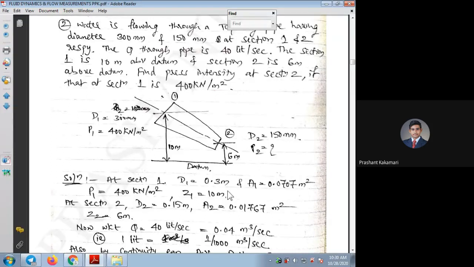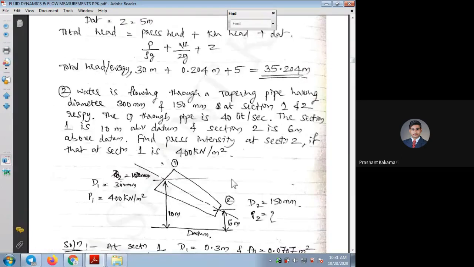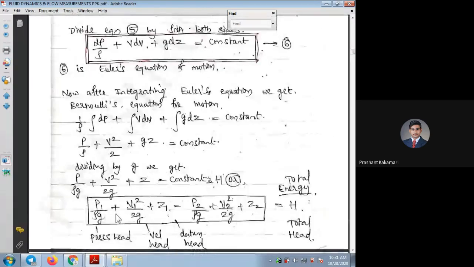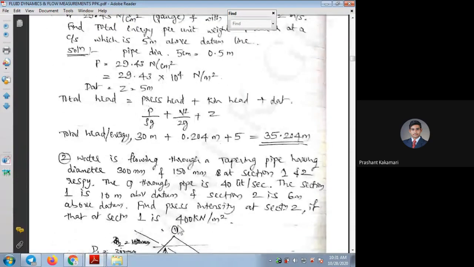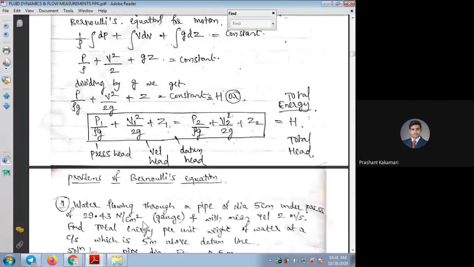Now if you recall Bernoulli's equation, we cannot directly find the pressure. Why? Because in the pressure equation, the pressure at one of the sections is given, that is 400 kilonewton per meter square at section 1. Velocity they have not mentioned anywhere.